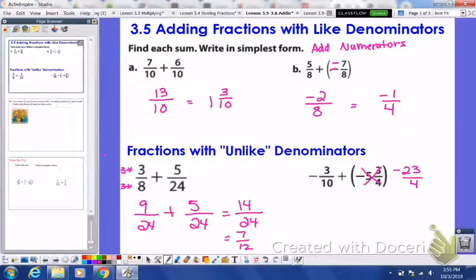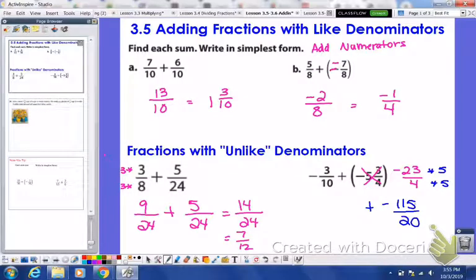However, I know that I can change them both into a 20. So I'm going to multiply my second fraction, numerator and denominator, by 5, which gives us a denominator of 20 and a numerator of 115.